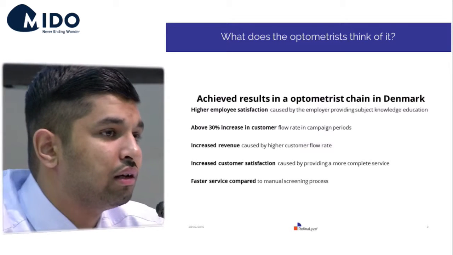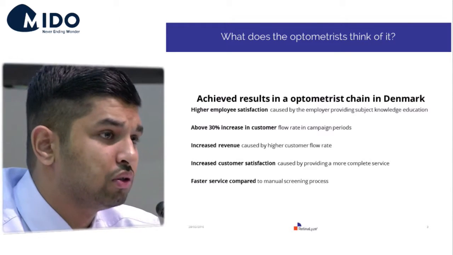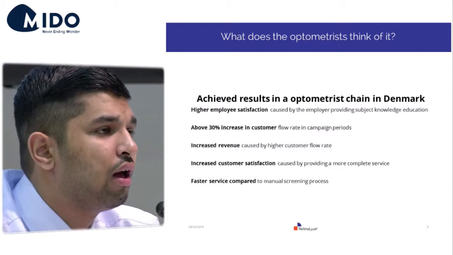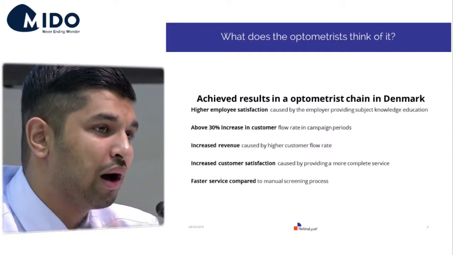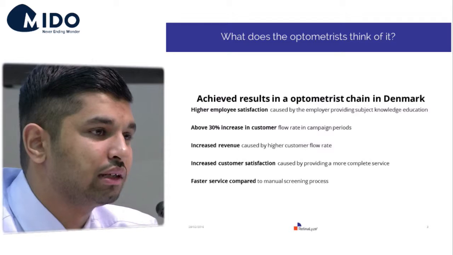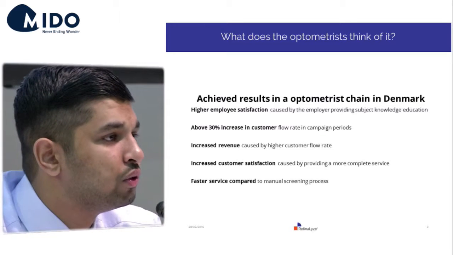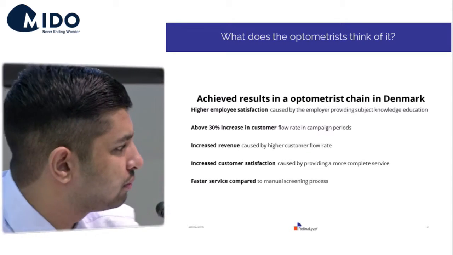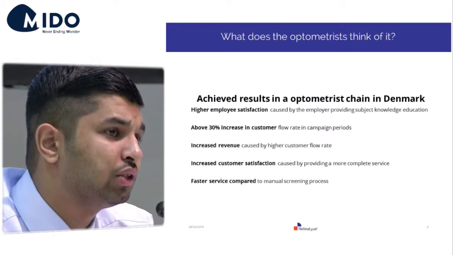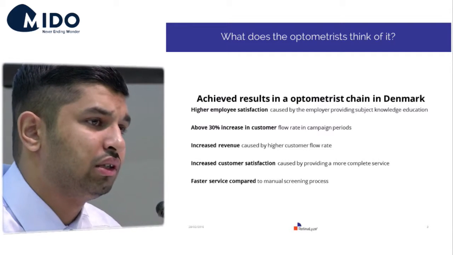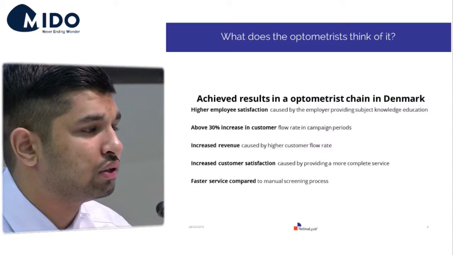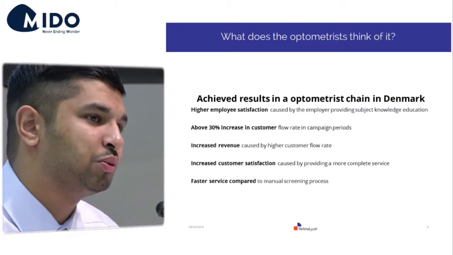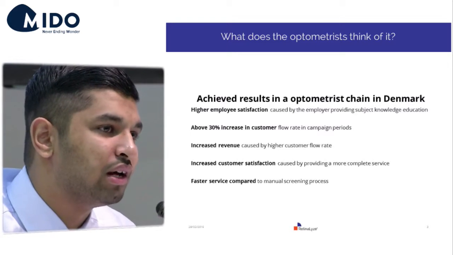We also see an above 30% increase in new customers who are loyal, that come in the store and also buy glasses or contact lenses, which means more revenue for the optometrists. We've seen increased customer satisfaction because it's a more holistic way of providing a service to your customer, and it's also a much faster service when you're providing an eye exam.